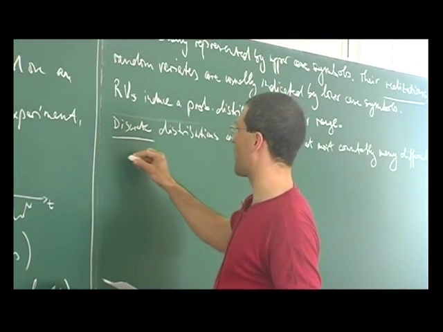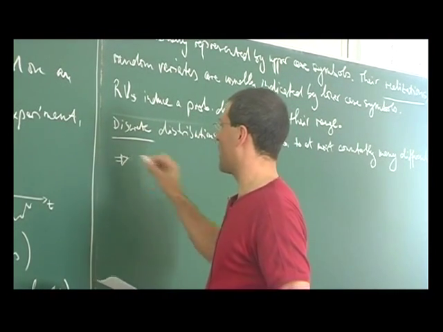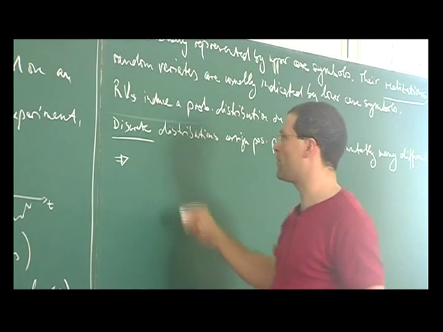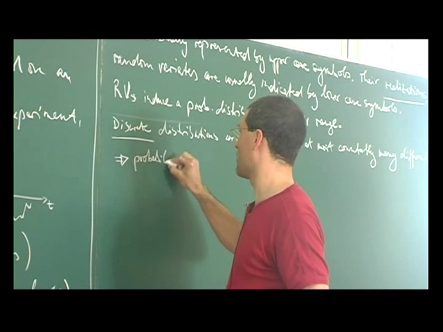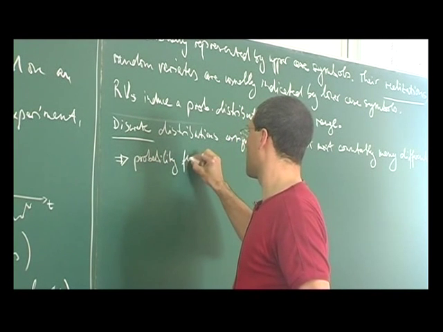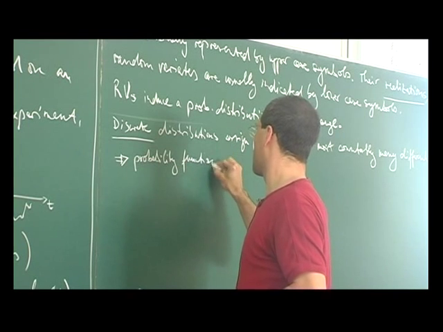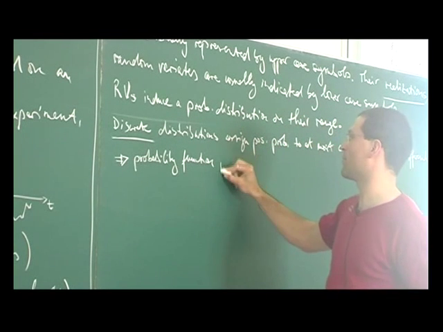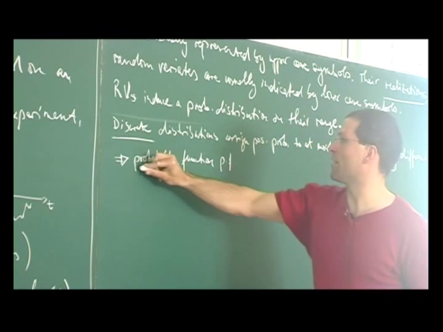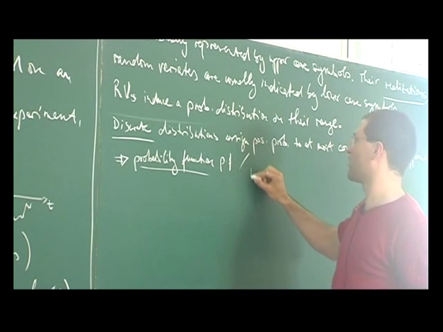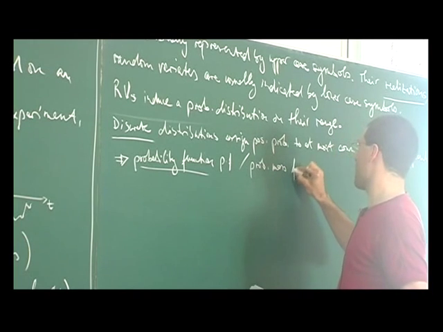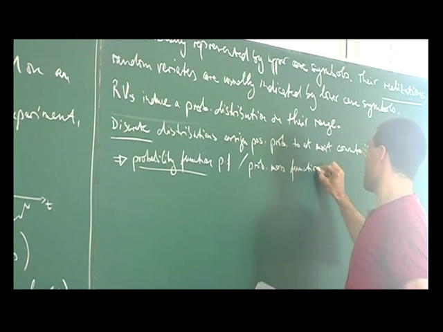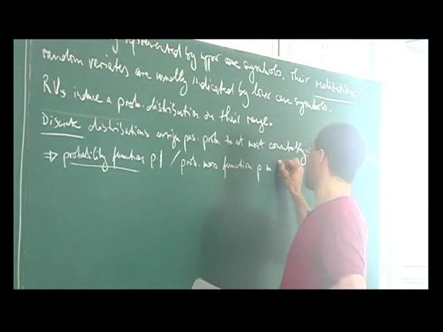And such distributions can then be summarized by a probability function or probability mass function. So probability function is sometimes abbreviated as PF, or probability mass function, PMF.